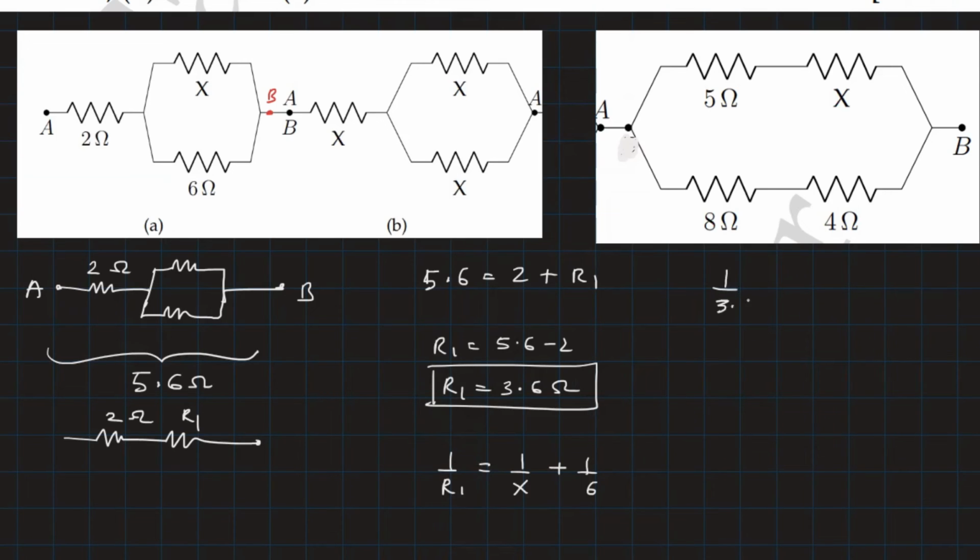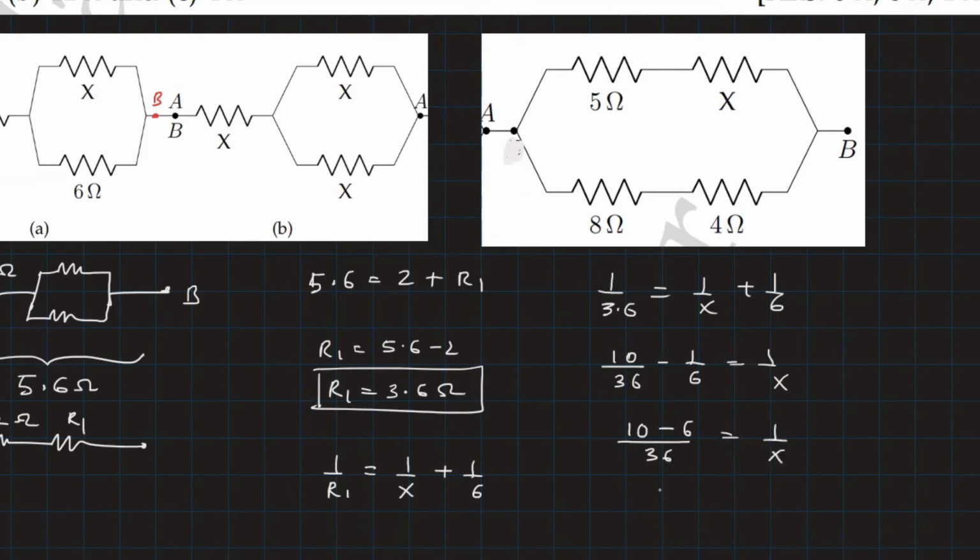So I have 1 upon 3.6 equal to 1 by X and 1 by 6. Which I can write as 10 upon 36 minus 1 upon 6. So that is 36 and here this is 6. So X will be equal to 36 by 4. The value of X, I'm getting it as 9 ohms.